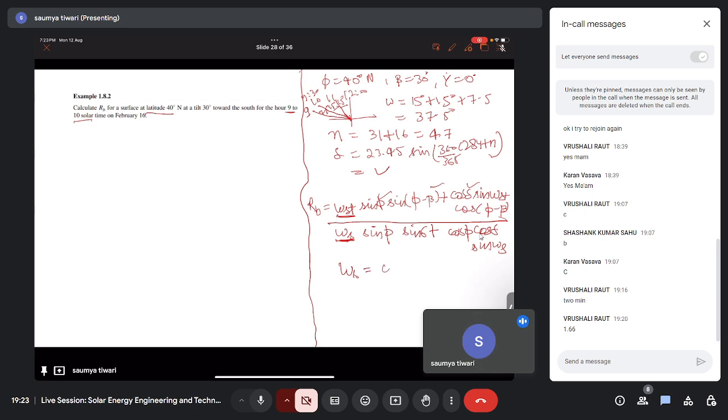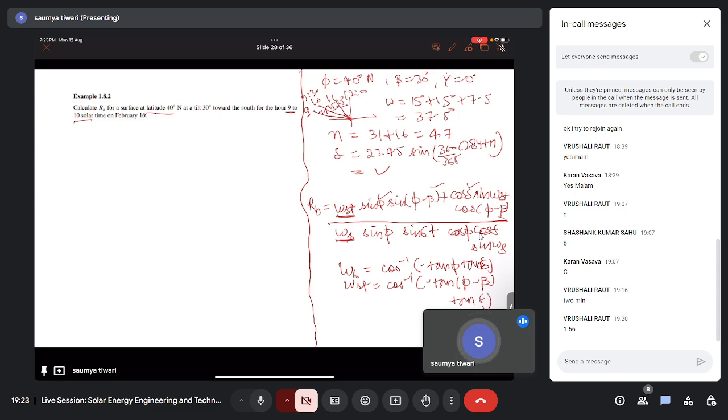It will be cos inverse of minus tan phi into tan delta. And omega st will be cos inverse of minus tan of (phi minus beta, for the tilted surface we are talking about) into tan delta.